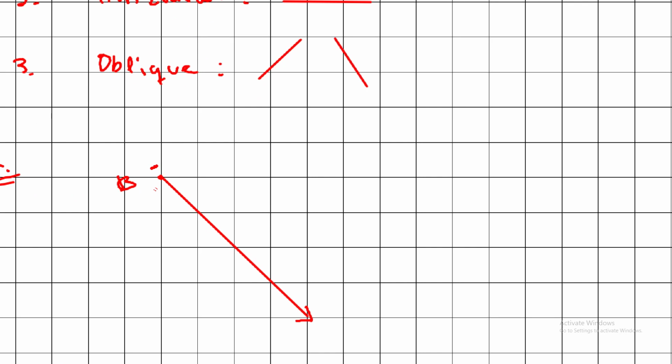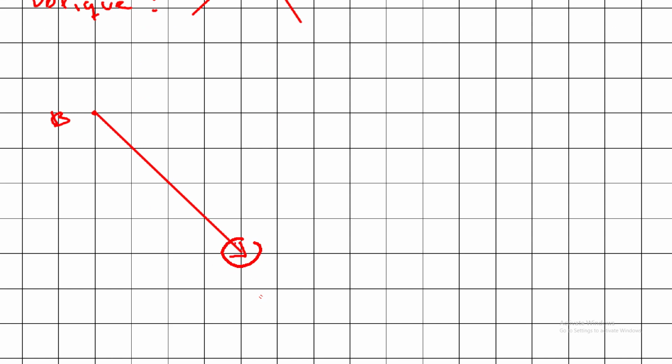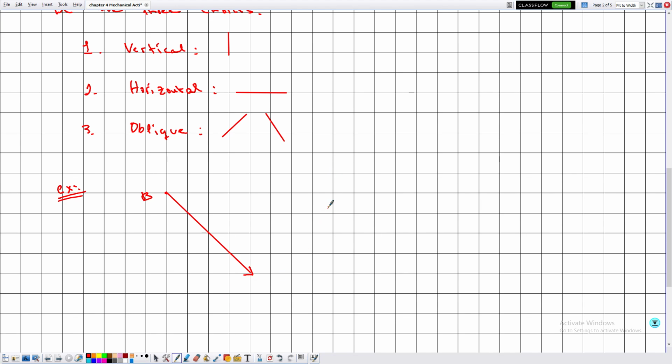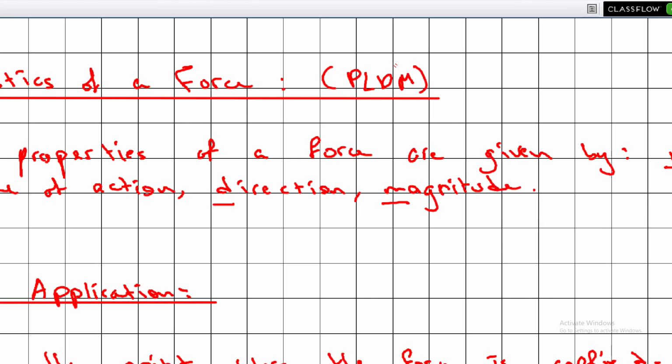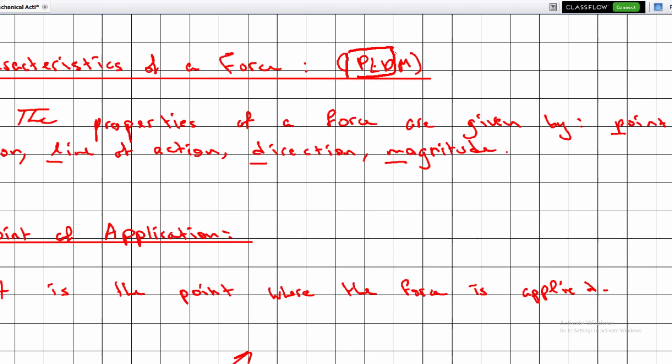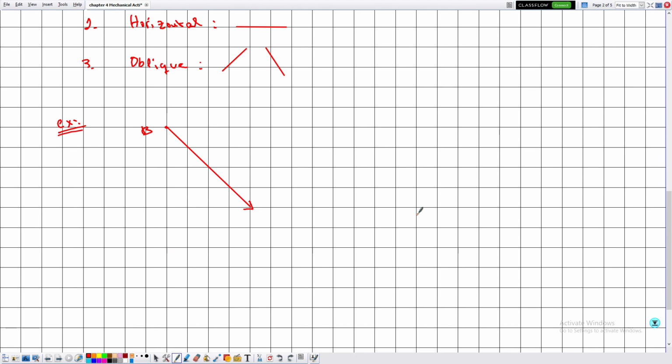So this is the tail of the vector, so this point represents the point of application, and this is the head of the vector. Now we have discussed so far the two properties that are the point of application and the line of action. So let's specify these for this given vector. Then the point of application in this case is given by the point B.